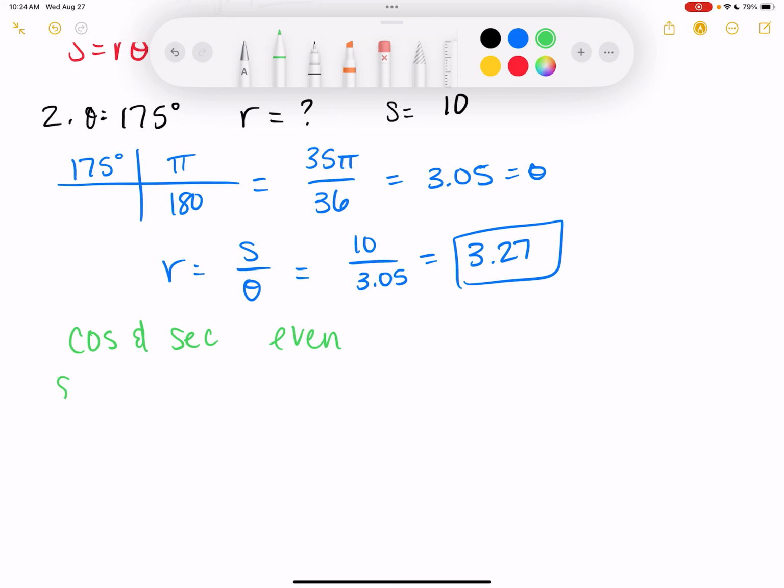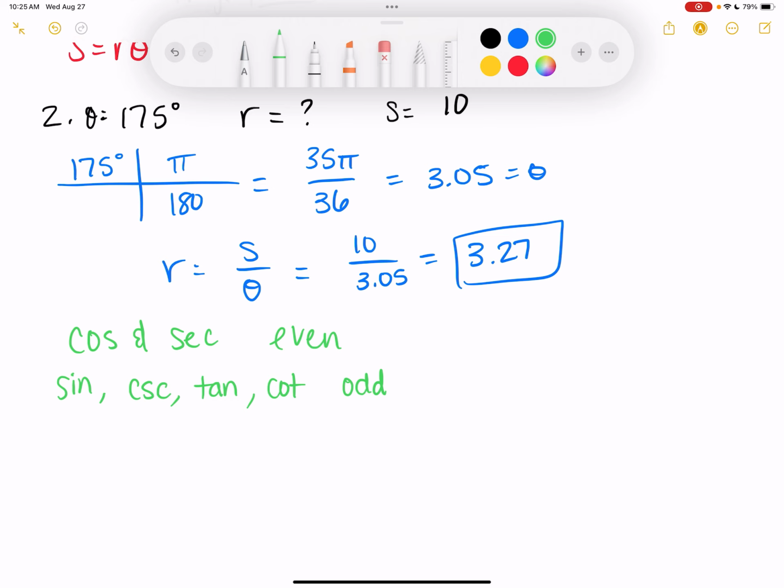And then sine, cosecant, tangent, and cotangent are odd. It's not super relevant for the problems. There's literally 4 questions that ask if this trig function is even or odd. It literally is just tangent. It's not an actual problem that you're trying to figure out. So anyways, just as a refresher there for you on that.